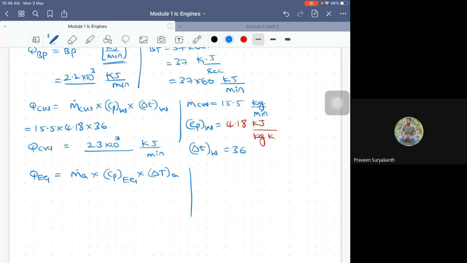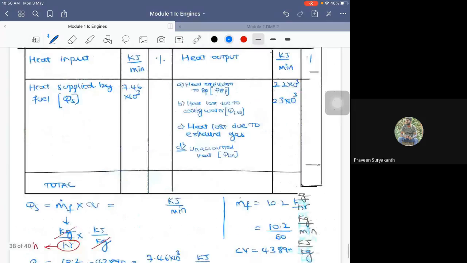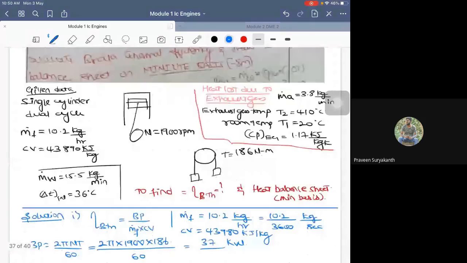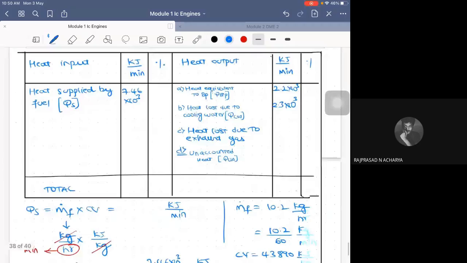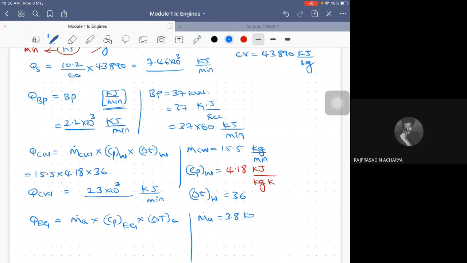Mass flow rate of air is being given. How much have they given? 3.8 kg per minute. So it is already on a minute basis. Lucky fellows.